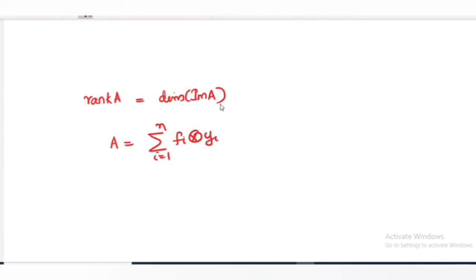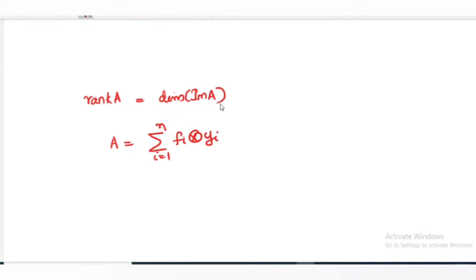So just to revise what we have discussed today. Today we started our new section, operators of finite rank. What is the definition of the rank of A? The rank of A is the dimension of the image of A. We discussed one example of a finite rank operator, then found its dual, and denoted this A as the sum from i equal to 1 to n of the tensor product of fi and yi.